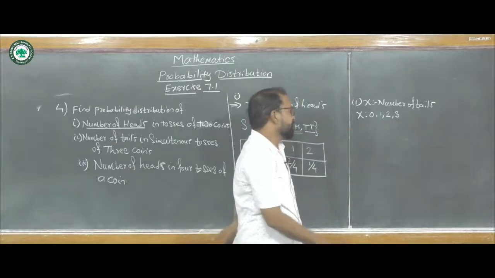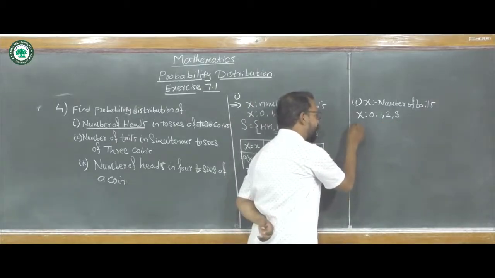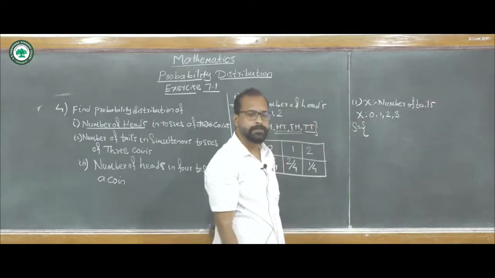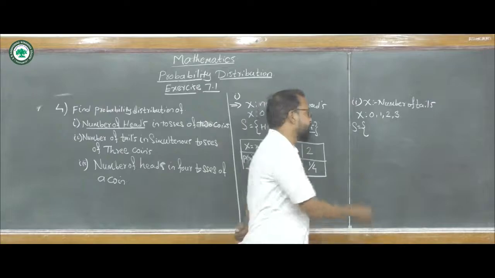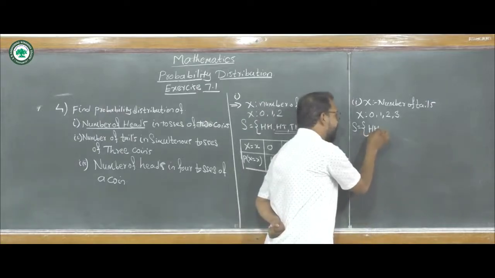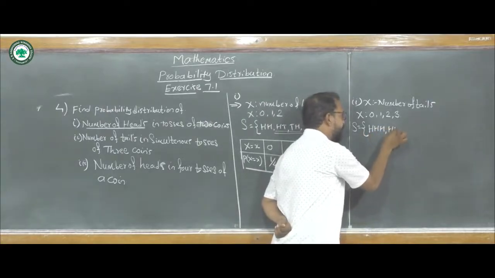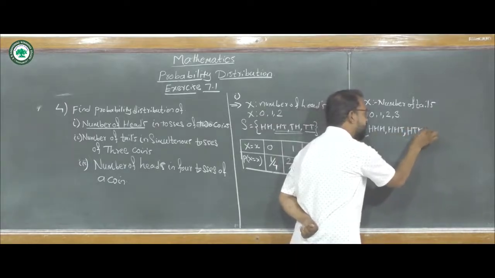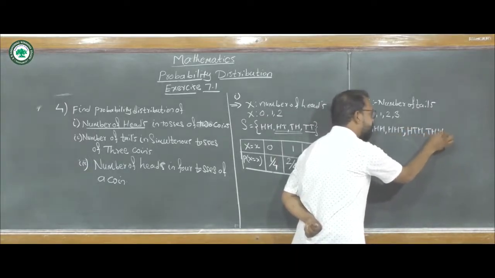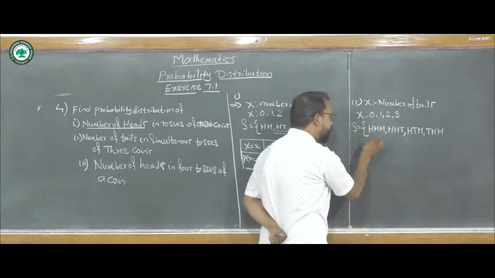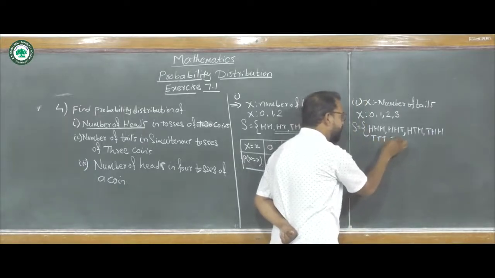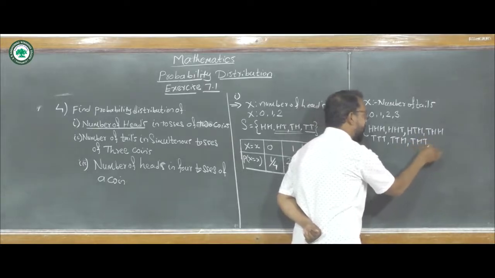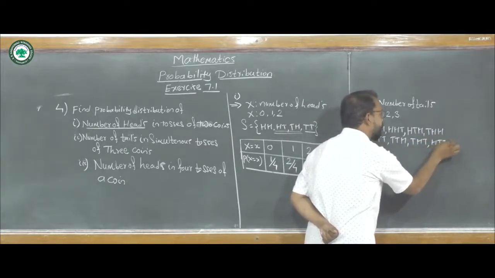And now in 3 tosses, the sample space is given by HHH, HHT, HTH, THH, TTT, TTH, THT and HTT.